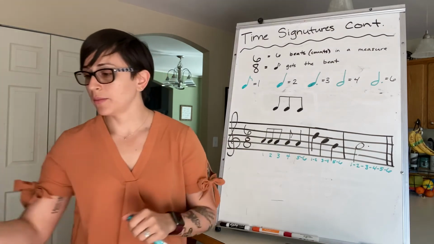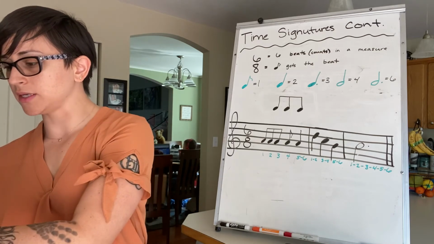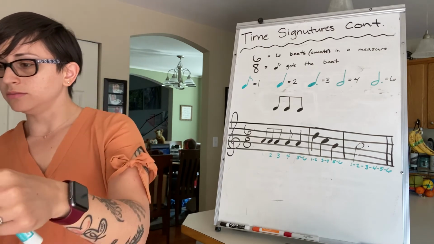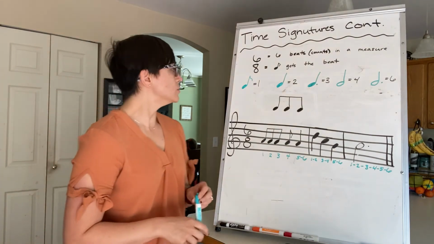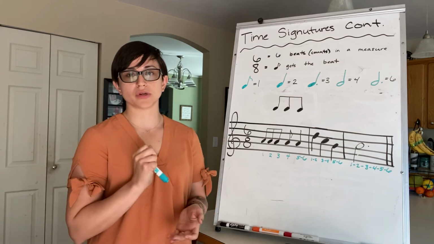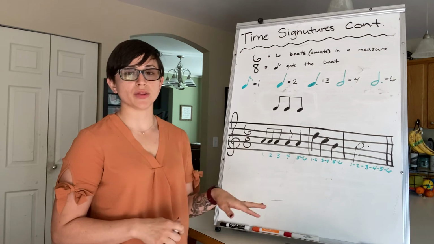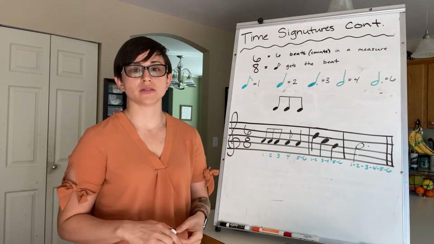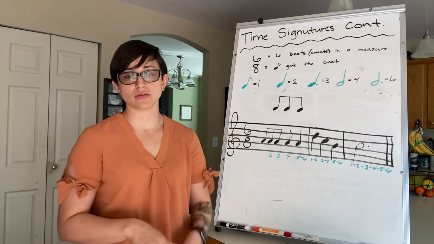All right, let me make sure there's anything else I need to tell you before I send you off. Do remember that it can be easy to confuse these measures with 3/4, because in 3/4 time, often they will be using eighth notes as well.